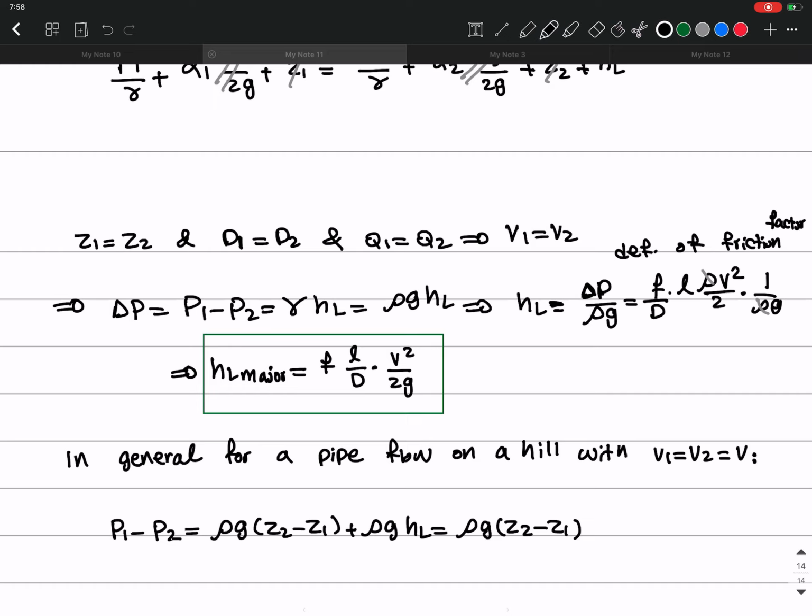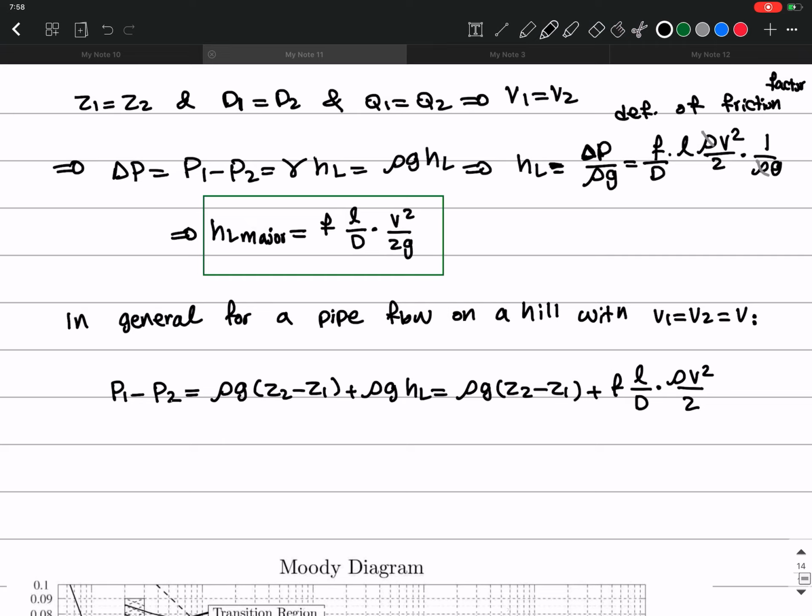Instead of hL, I can just write this major loss. So I'm going to have rho g, and g is going to cancel out, so I have f L over D times rho V squared over 2. Okay, so this is going to be the equation for a pipe flow on a hill. If you have a hill with two Z's, this is how you can get the pressure drop.